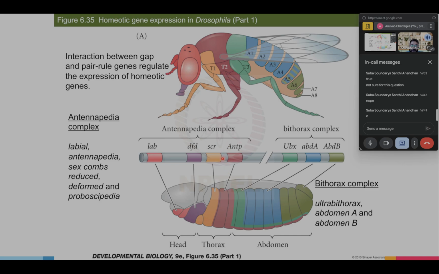Interestingly, as I said, if you take one of these genes and place it somewhere else, then it will start making that particular body part in a different region. So this was first found when people did the experiment to remove ultrabithorax, which forms the T3 region, which should have formed just one leg.